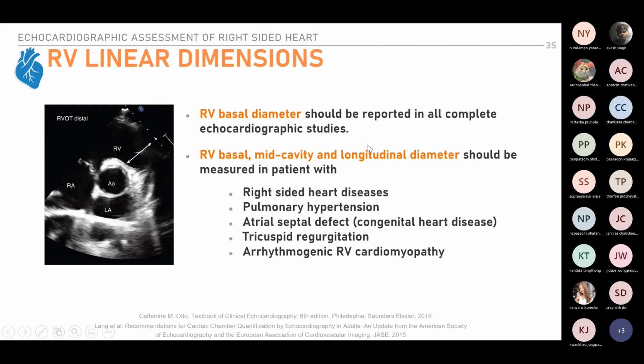Okay, to summarize, RV basal diameter should be measured in all complete echo studies. RV basal, mid cavity, and longitudinal diameter should be measured in patients with right-sided heart disease, pulmonary hypertension, and congenital heart disease, especially ASD, atrial septal defect, tricuspid regurgitation, and arrhythmogenic RV cardiomyopathy.